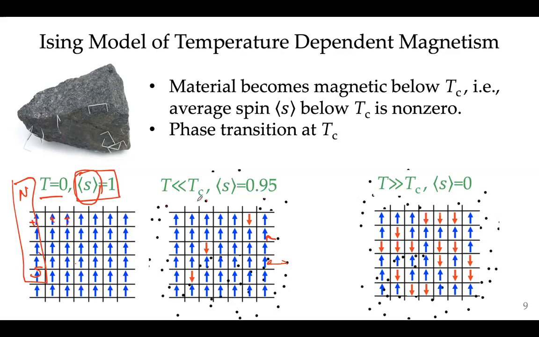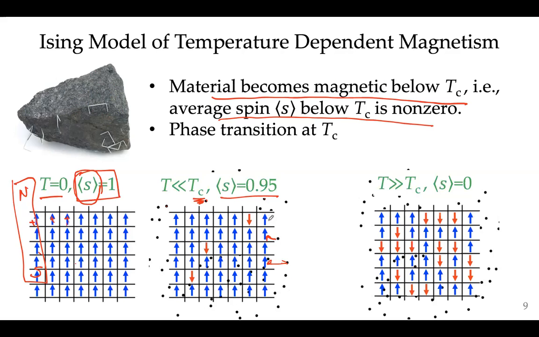But even if you're still below TC, the critical temperature, some of the spins may be flipped, but overall the magnetism will be preserved. It's not going to be 1, but it's going to be close to 1. So the system is magnetic below TC. The material becomes magnetic below TC, so the average spin below TC is non-zero.